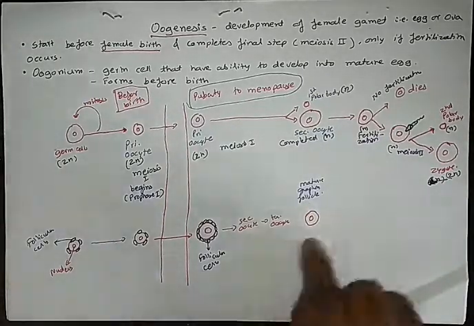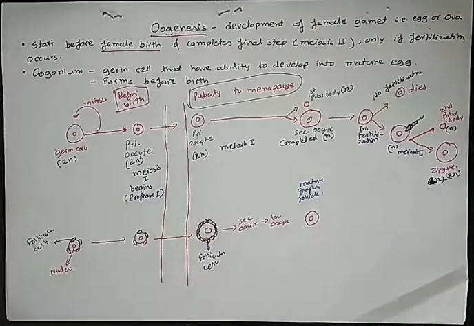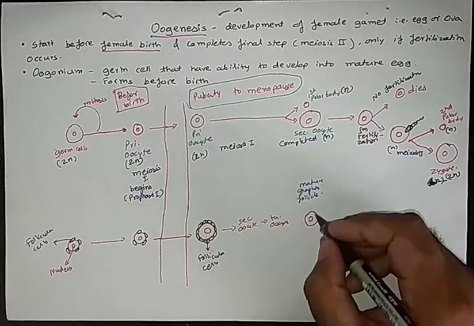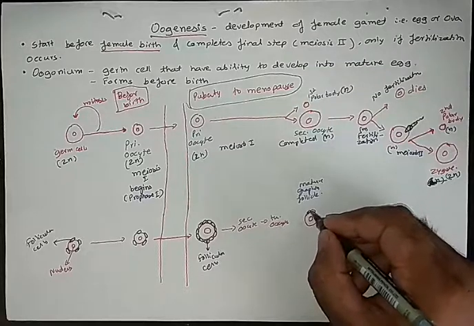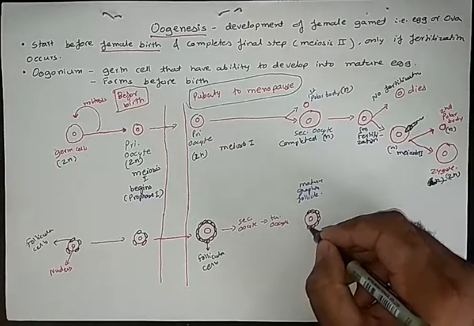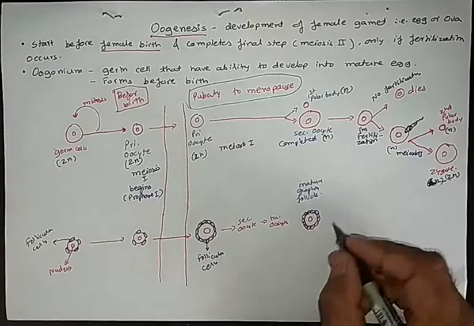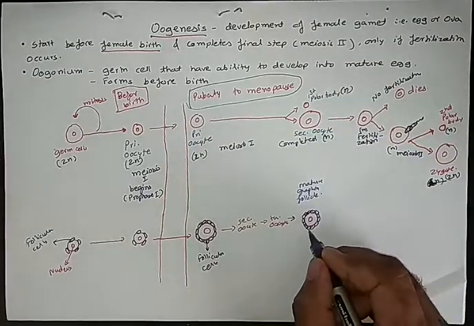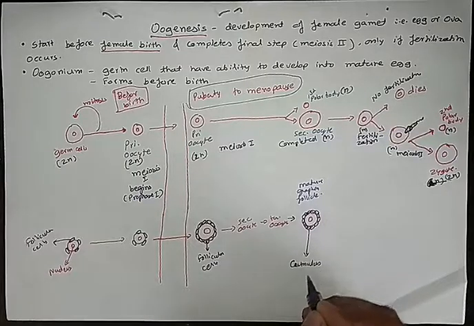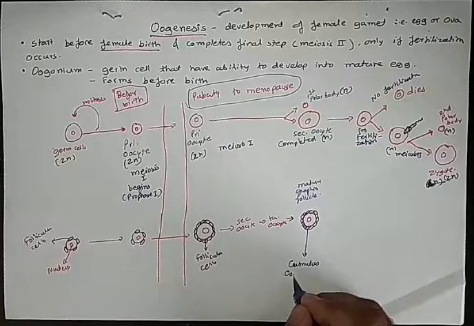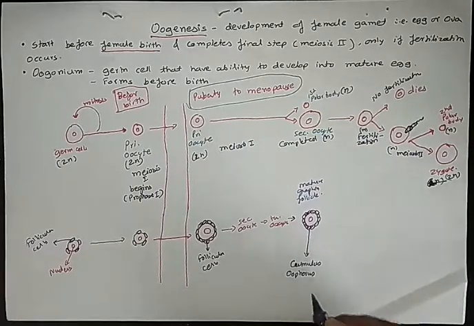This mature Graafian follicle has different layers. Just above the secondary oocyte, there is a layer called the zona pellucida, and just above the zona pellucida there is a layer called the cumulus oophorus.